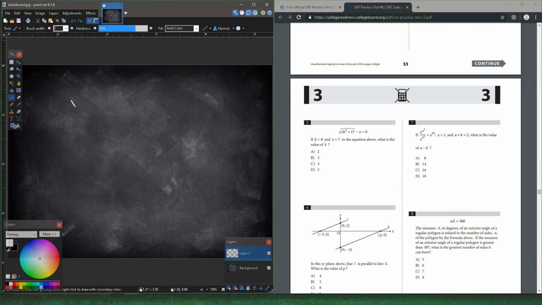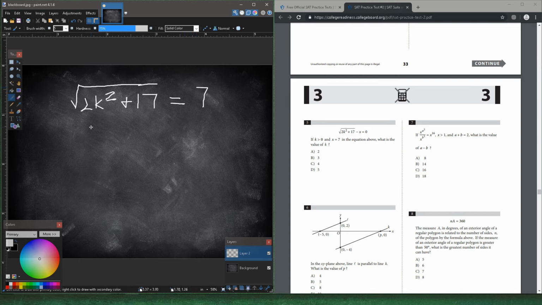So we have the square root of 2k squared plus 17 minus x. We're just going to add x to both sides, so then this is equal to x on the other side, and x is equal to 7 as shown here.